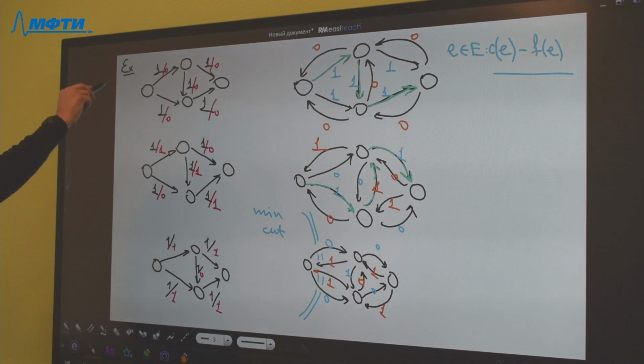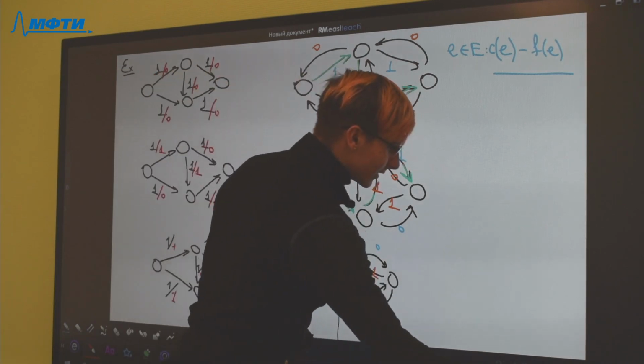And these 3 steps of the algorithm are named the Ford-Fulkerson algorithm. And for example, it is the proof of the theorem that I wrote here.